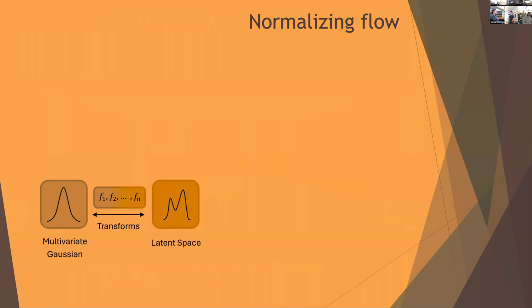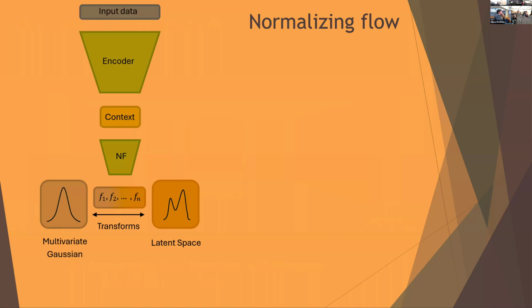So normalizing flows essentially find transforms between Gaussians and more complex distributions, which allows us to get a more complex distribution. We feed our normalizing flow a context to produce these transforms, and this context is what we get from the encoder passing through the spectra.